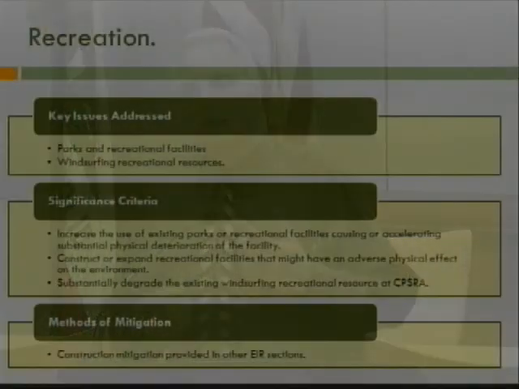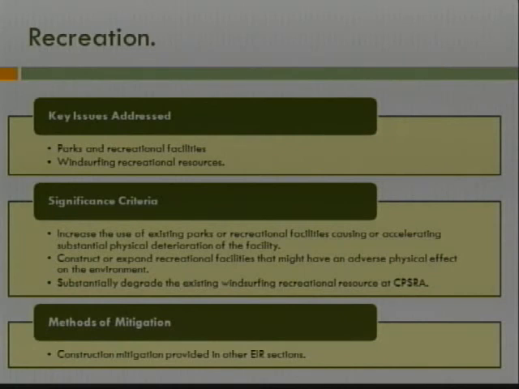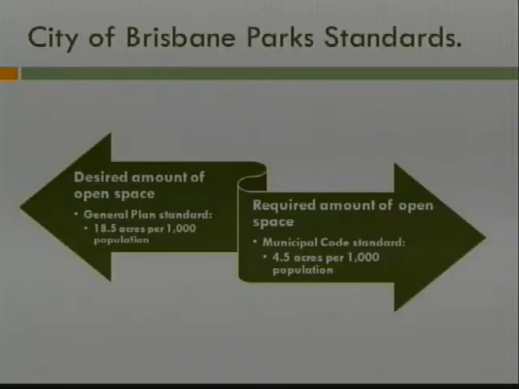And in terms of mitigation, really the mitigation here is provided for the physical impacts of building facilities on historic resources, biology, so on. Now, I mentioned park standards, the difference between how much parkland do we want and at what point is there a physical problem.